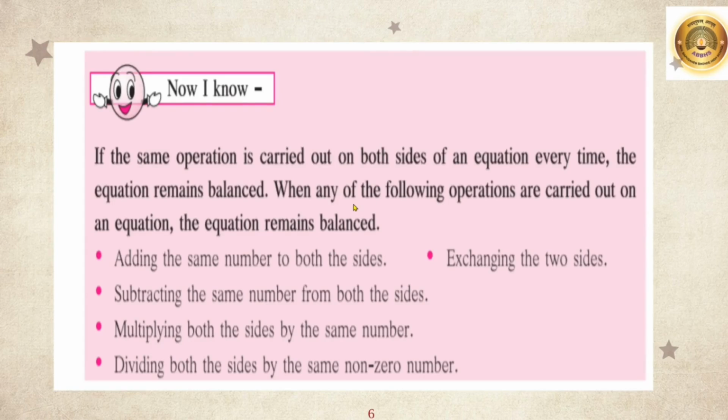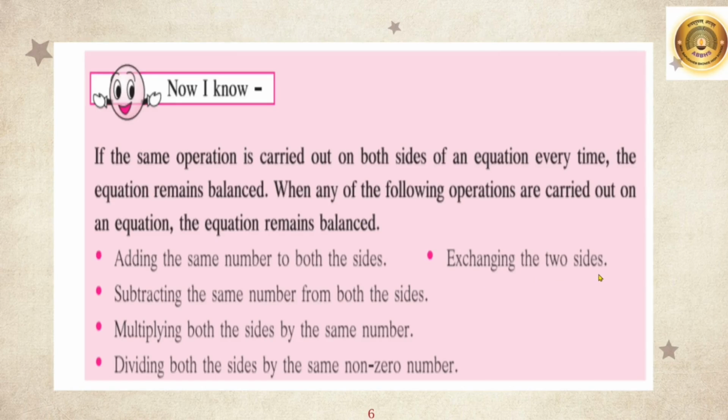That is, you can add the same number on both sides, or you can subtract the same number from both sides, or multiply both sides by the same number, or divide both the sides by the same non-zero number. And the next method is by exchanging the two sides, or it is called the transposing method.